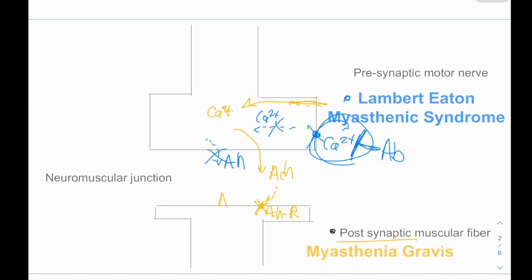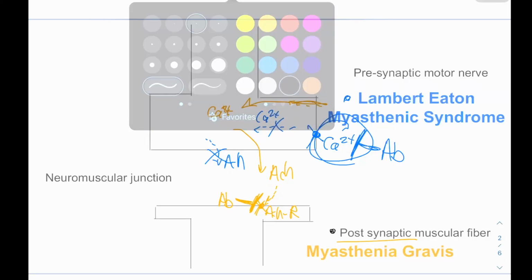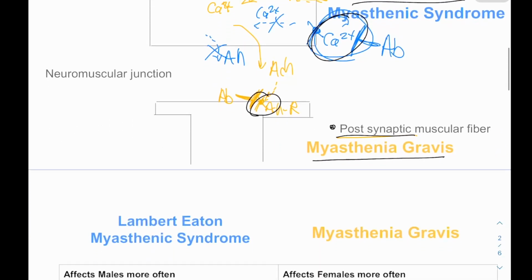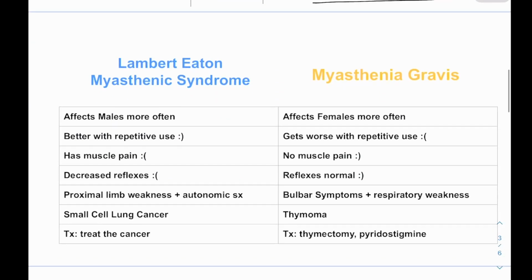The reason why is, again, there are antibodies that are blocking this receptor. So again, in Lambert-Eaton, it's affecting the presynaptic calcium channel, and in myasthenia gravis, it's affecting the postsynaptic acetylcholine receptor. Very, very important to memorize that.